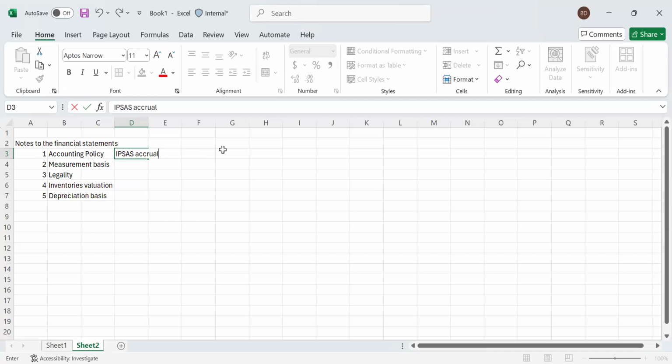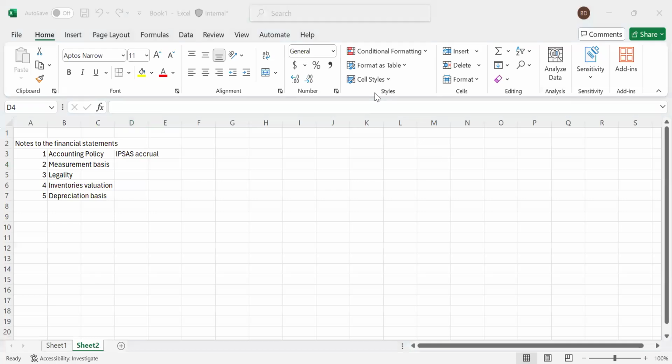That's just 1 mark, so you don't have to go and waste your time explaining 2, 3 paragraphs on it. It's just 1 mark. Note 2, measurement basis. The financial statement has been prepared based on the historical cost basis. Historical cost.